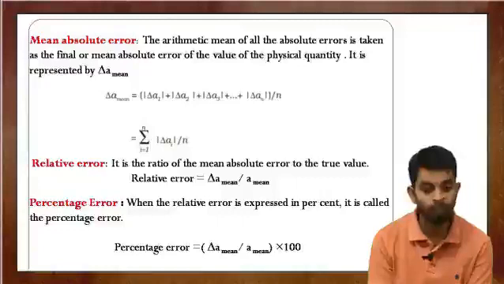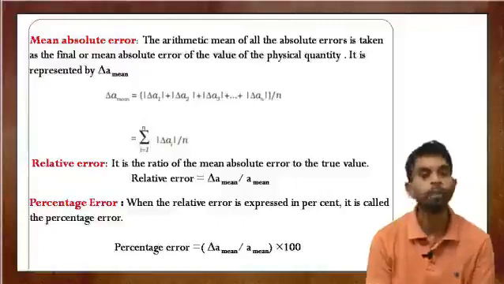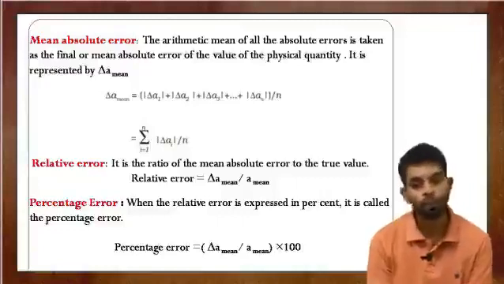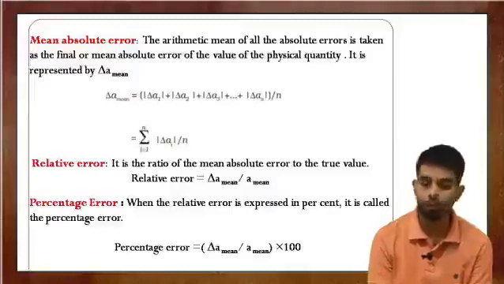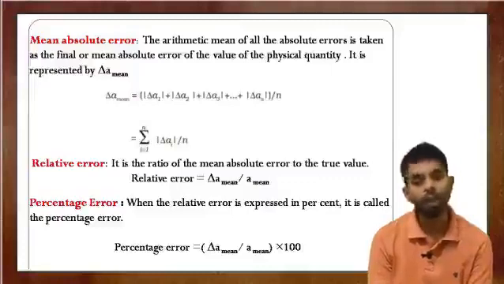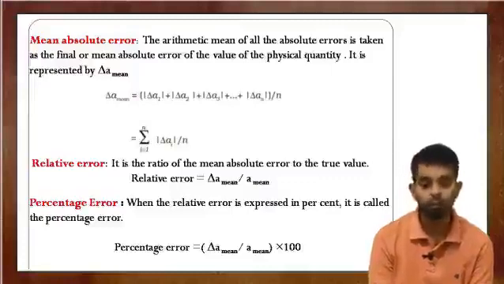So mean absolute error is the sum of these absolute errors divided by the total number of observations. This can be written as summation of del Ai divided by N, where N is the total number of observations and i is 1 to N.